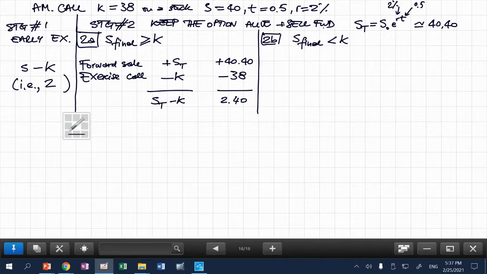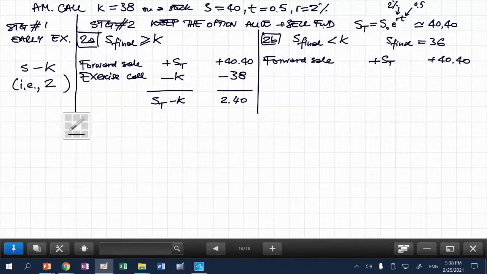What happens instead in case 2B? First, again, I have the forward sale, which is the same. This doesn't change, so I get plus ST, or in numbers, I get 40.40. Then, what would happen from the point of view of purchasing the stock? Imagine, just to make a numerical example, that the final price is, say, 36. You have the chance between buying the stock spot at 36 or exercising the call at 38.